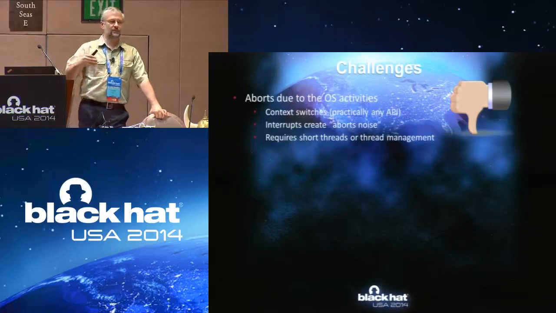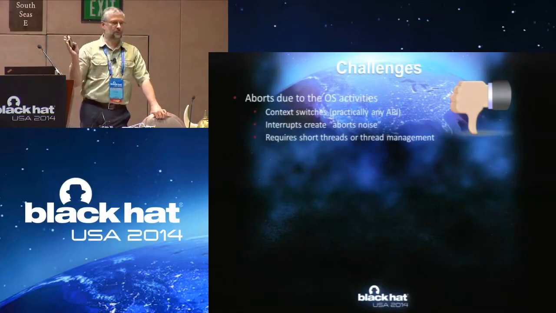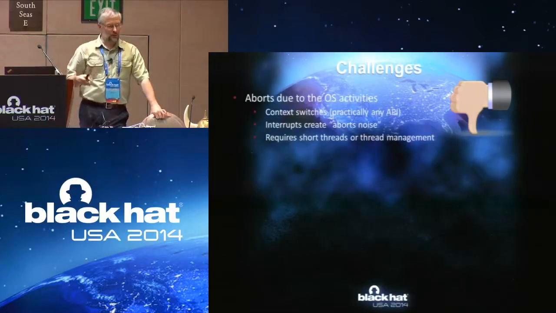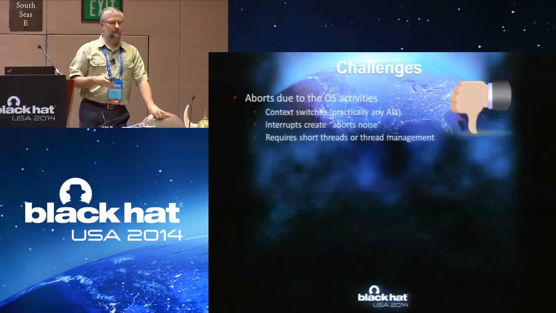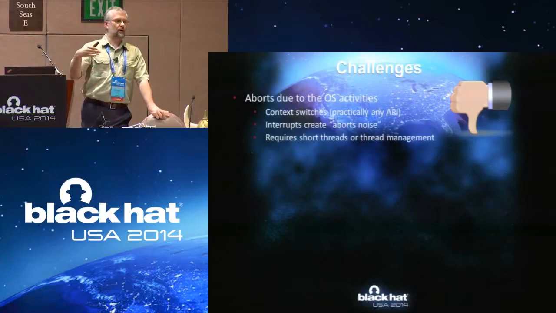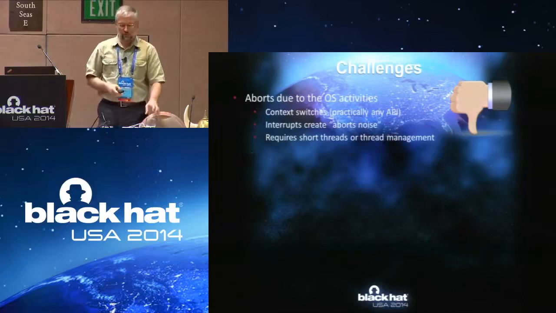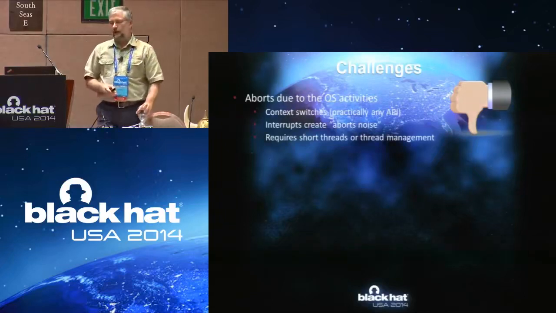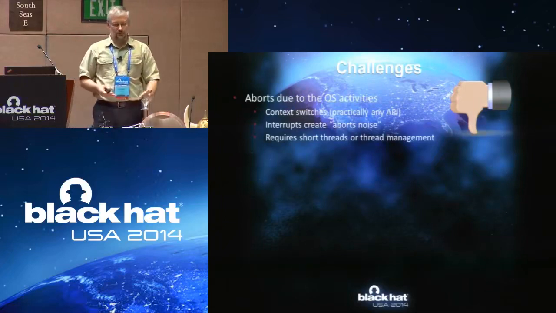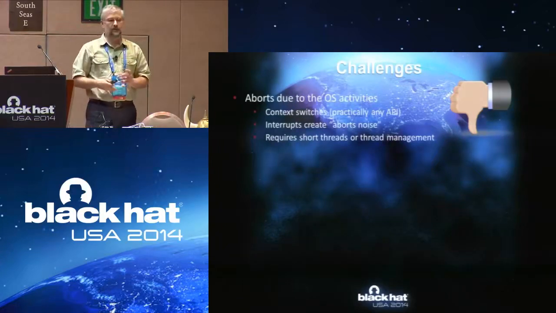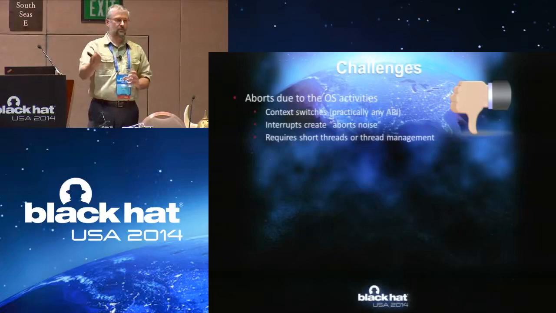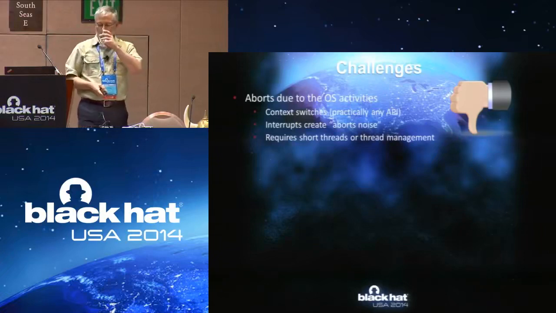But in operating systems, there are interrupts, there are context switches, and every single one of them completely terminates the transaction. That is by design. The transactions are all aborted if an interrupt or context switch occurs. And in the abort handler, you can actually determine the reason for the abort. And unfortunately, that noise in the operating system is fairly significant, and timer interrupts and switches between different processes are frequent.